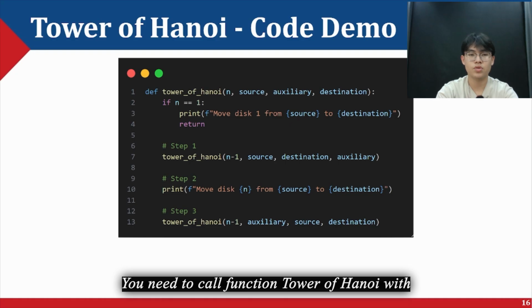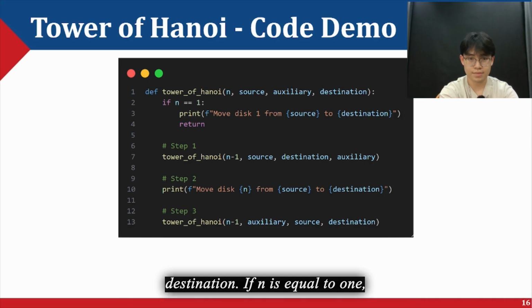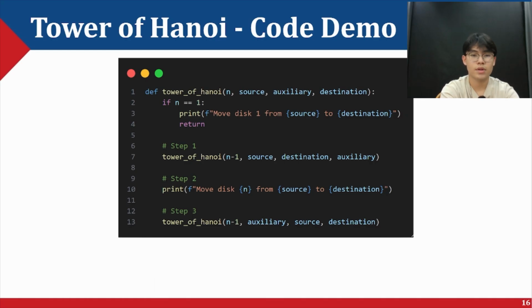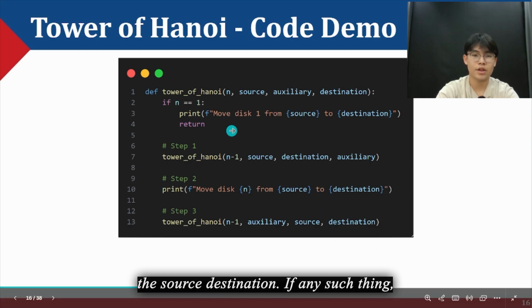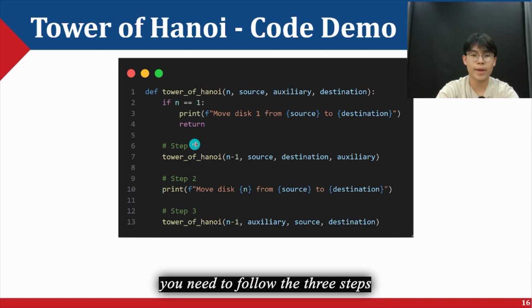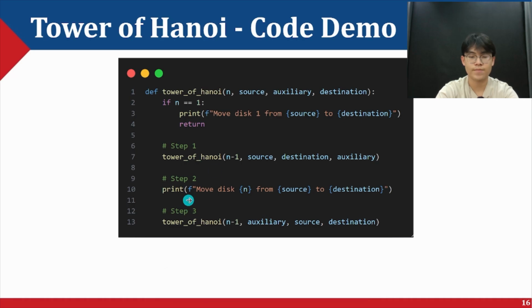You need to call the function Tower of Hanoi with four parameters: n, source, auxiliary, and destination. If n is equal to 1, that is the base case. If n is equal to 1, you just need to move the first disk from the source to the destination. If n is larger than 1, you need to follow the 3 steps as I already mentioned above.